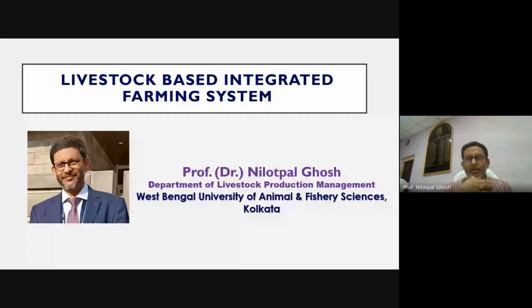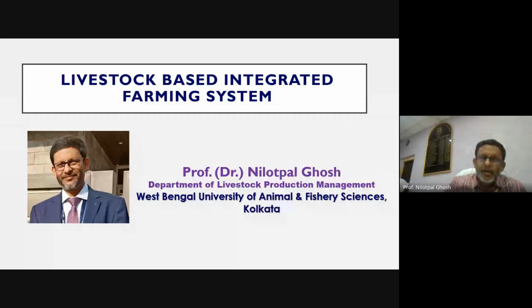Now we are using the term integrated. Then what is this integrated farming system? What is the meaning of farming, what is the meaning of system, farming system, then integrated farming system, and the components of this integrated farming system? Then I will show you a few research results based on this area.